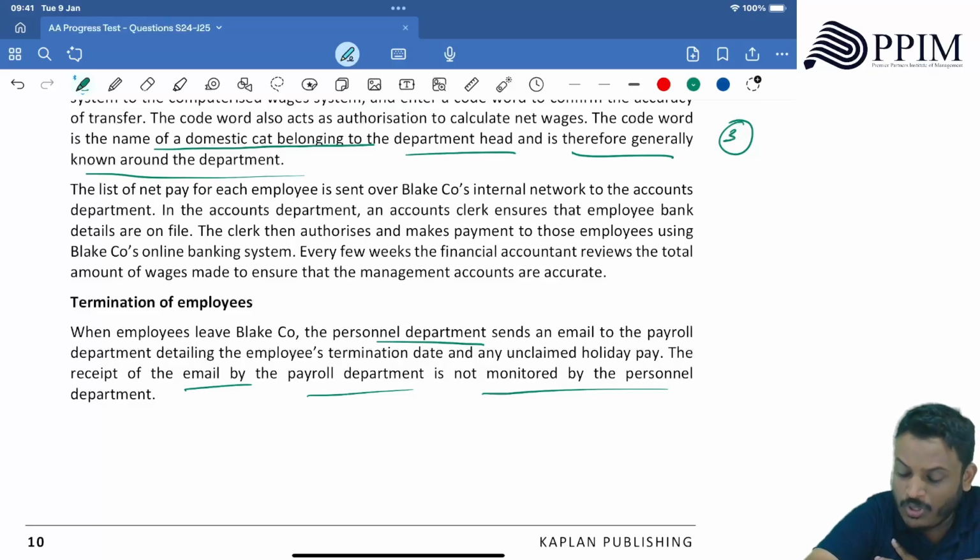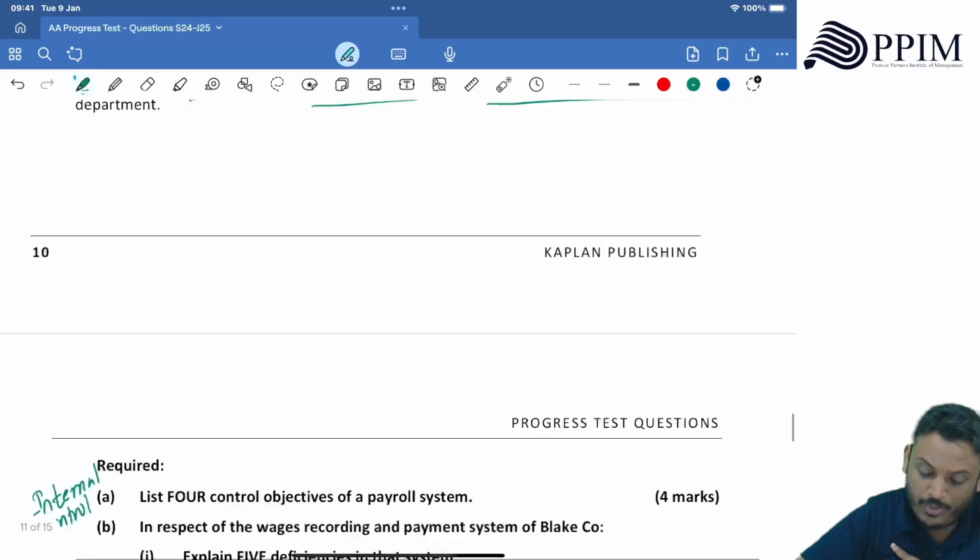So if you are not monitoring that, what will happen? Incorrect payments are made to employees.